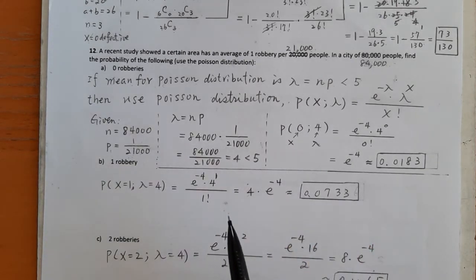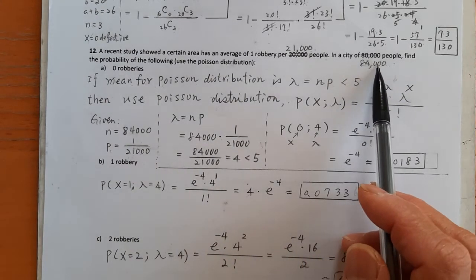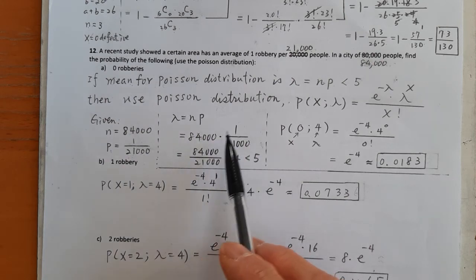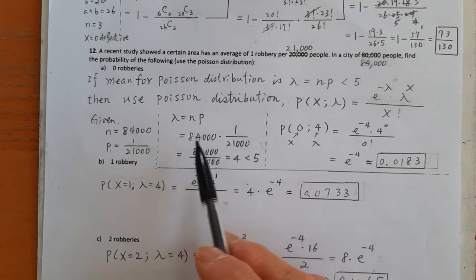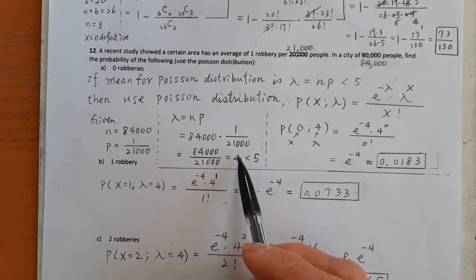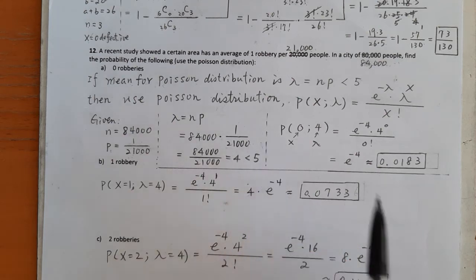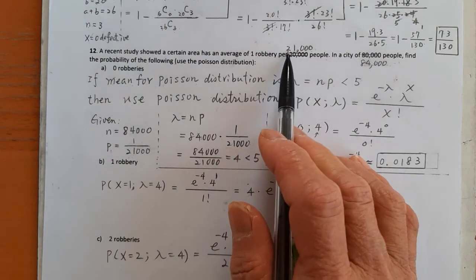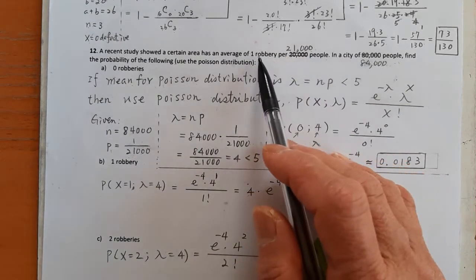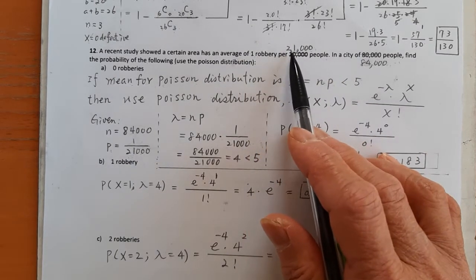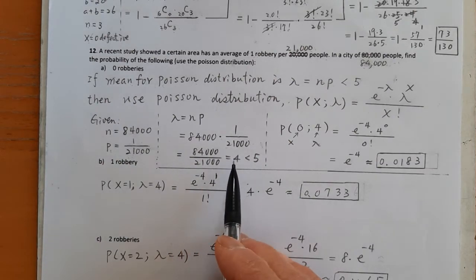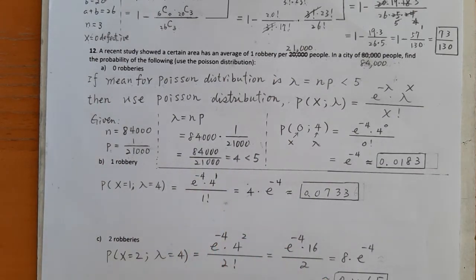So the mean is 84,000 people times 1 out of 21,000, cancel it, you got 4 robberies. 84,000 people, average is 4 robberies.